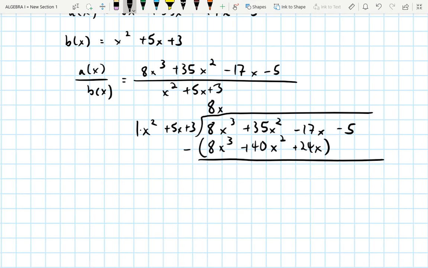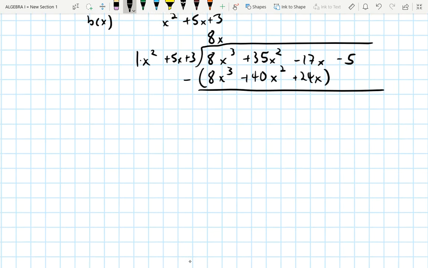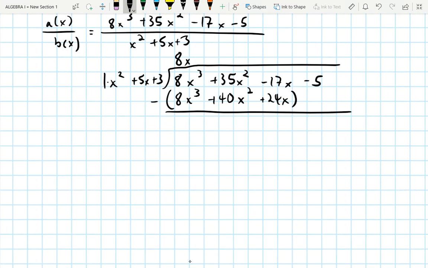That's 24x. Okay, but I'm subtracting all these. So when this negative is on the outside, it means it distributes to each term. So I'm subtracting 8x cubed, subtracting 40x squared, and subtracting 24x. So in that case, I've got 35 minus 40, which is negative 5x squared. 8x cubed and 8x cubed here, they match.